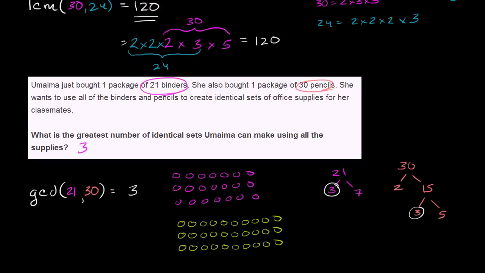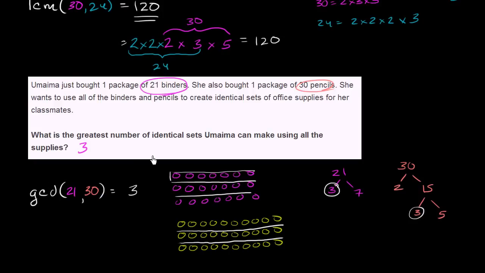Now, we figured out that 3 is the largest number that divides into both of these evenly. So I can divide both of these into groups of 3. For the binders, I can do it into 3 groups of 7. And for the pencils, I could do it into 3 groups of 10. So if there's 3 people coming into this classroom, I could give them each 7 binders and 10 pencils.